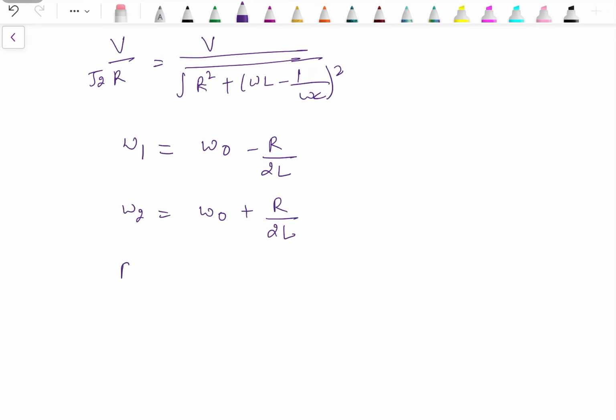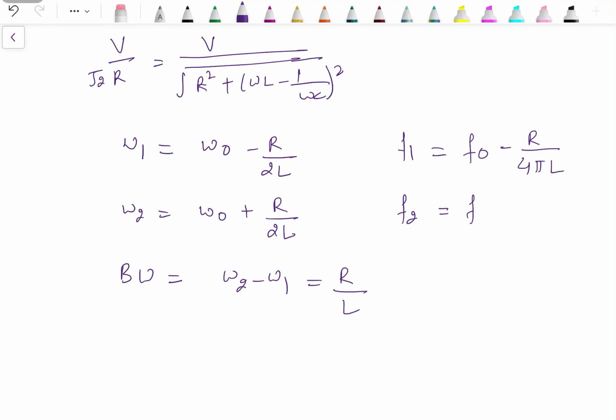So bandwidth is omega 2 minus omega 1, which is given as R by L. And if we write these in terms of frequencies F1, F2, then F1 is F naught minus R by 4 pi L and F2 is F naught plus R by 4 pi L, and bandwidth, which is F2 minus F1, will be equal to R by 2 pi L.